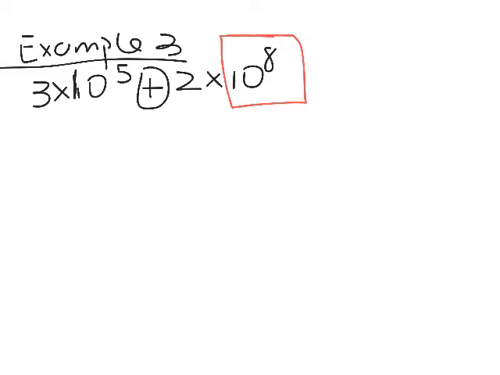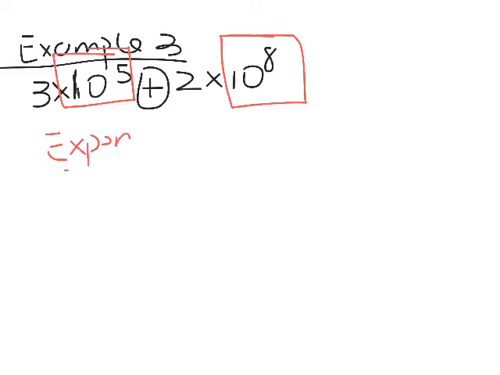So let's look at this. How are we going to do this? Because of what I've said, if we change this one to be 10 to the power 5, we're not going to win, because the coefficient is going to just get bigger, because the comma is going to move constantly to the right, and we'll end up with 2000. And 2000 is not in scientific notation. So our best bet is to work with this one.